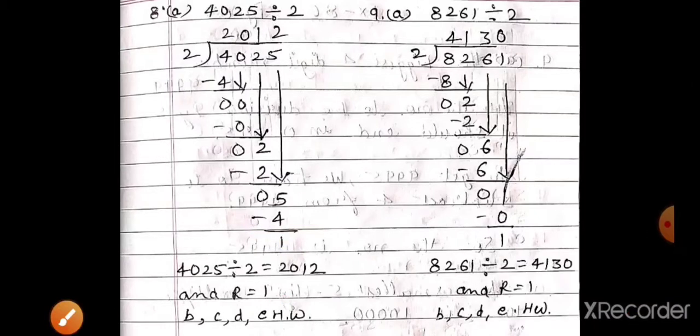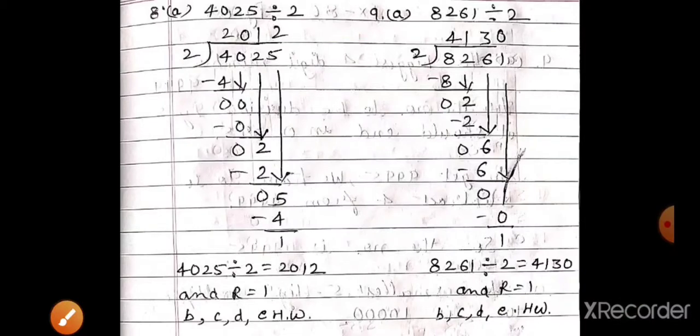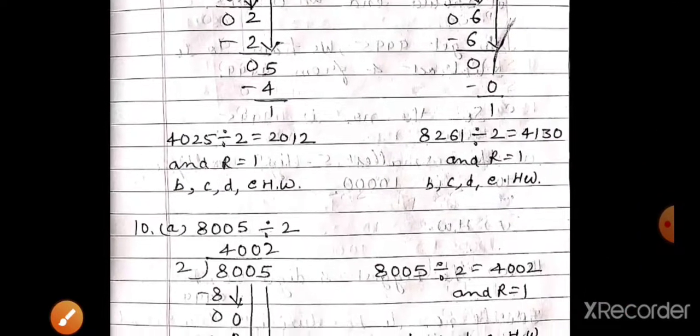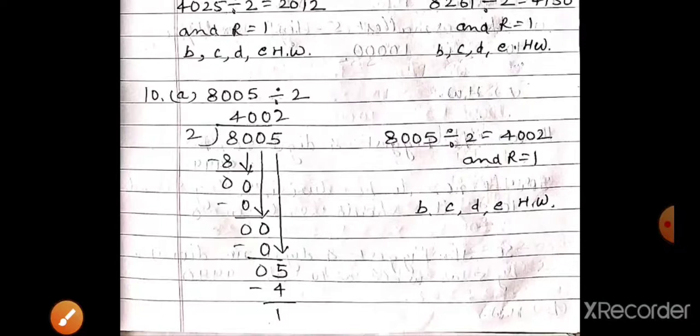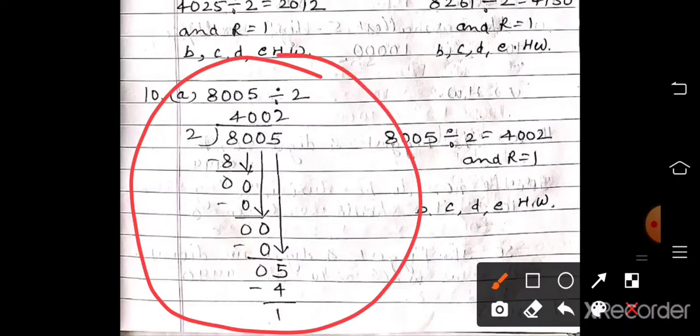Same question 9, first divide like this and last remainder is 1. Okay, same question number 10. Okay, first divide like this and last 2 2 ja 4, because 2 3 ja 6 is more than 5, so 2 2 ja 4, 5 minus 4, 1, so here remainder is 1. Now BCD is your homework.